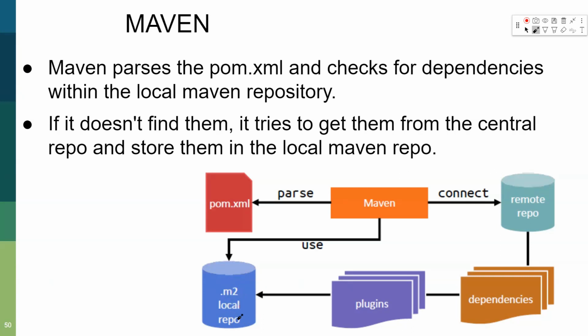Next time, when we build another project with the same dependencies, it will not need to connect to the remote repo because it has already downloaded them. And we saw, if you check your .m2 folder over time, as you build more and more applications with different dependencies, it grows in size, since it downloads those dependencies.